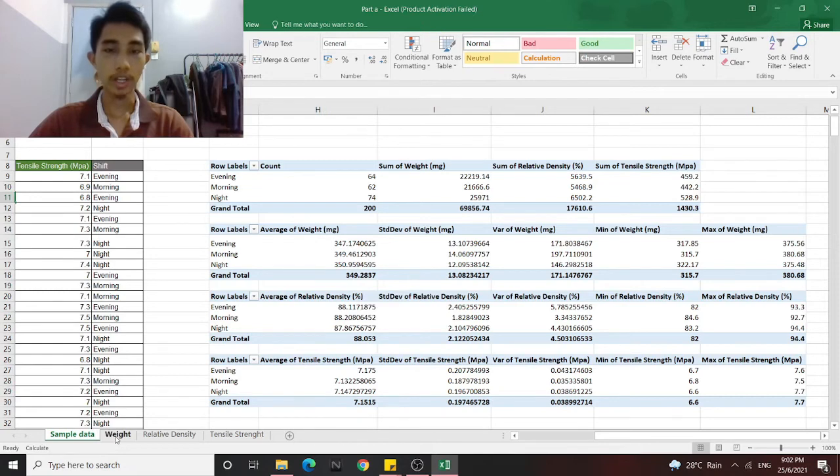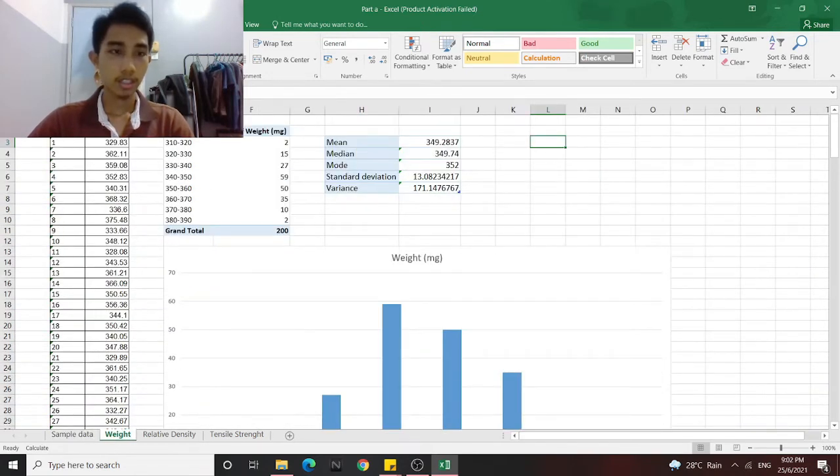Next we go to the weight. First I separate the weight data from the main table, then I do the tabular form in this table. The increment is by 10. I create the increment based on the mean and max of the weight.